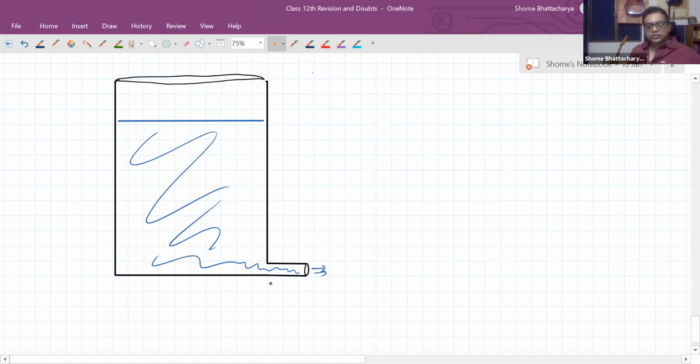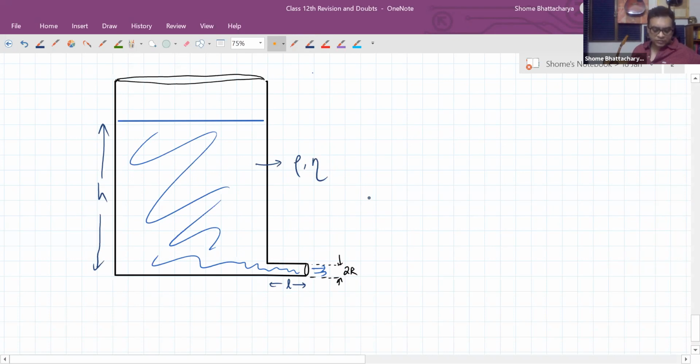So this is of length L, and radius R. And this liquid has density rho, this height h, coefficient of viscosity.